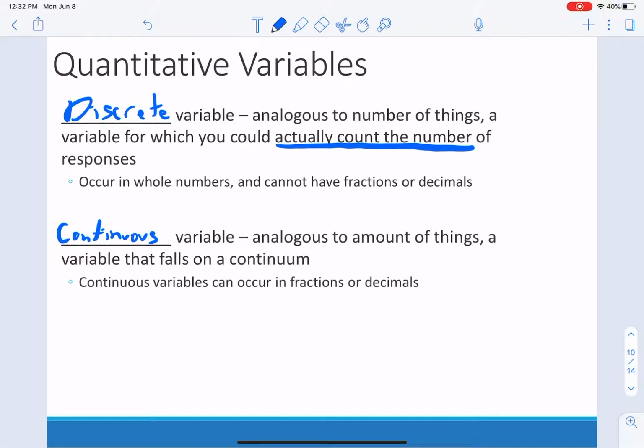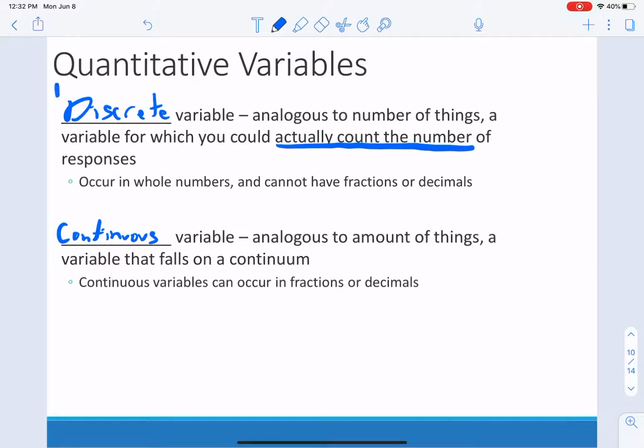And then on the opposite end, we have this idea of a continuous variable, okay? That is slightly different, but it just falls onto a continuum. And that means that I can go from 1 to 2, and then every number in between, right? Oftentimes, we do round things off.